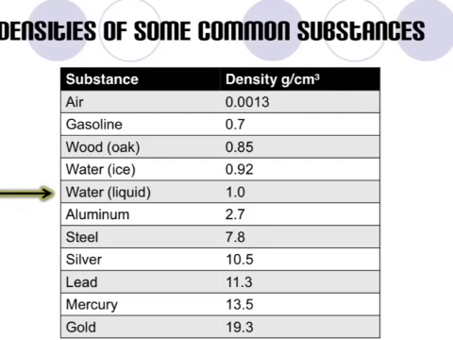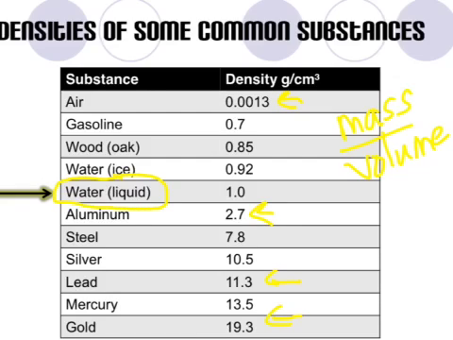Okay, now that you kind of know what density is, let's talk about the density of some common substances. Air, for instance, has a really small density. Lead is bigger. Gold is even bigger. Gold is really high, 19.3. Aluminum's not very much. So these are the numbers that you get when you divide mass over volume. And our standard for density is liquid water.